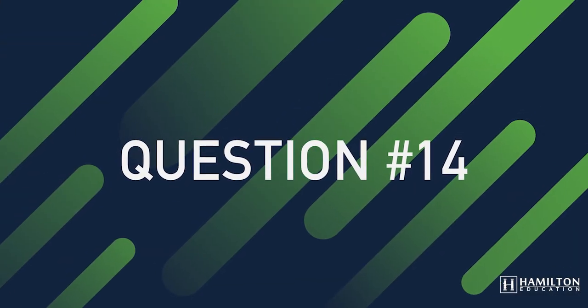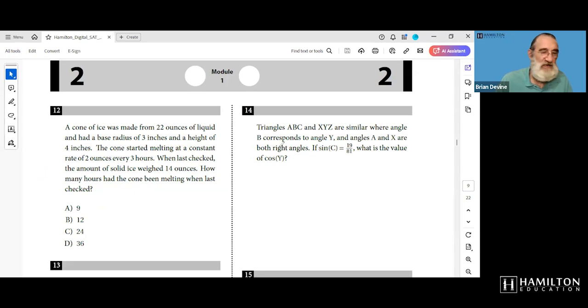Question 14. In question 14, I have triangles ABC and XYZ that are similar. Angle B corresponds to angle Y. Angle A corresponds to angle X, and they're both right angles. So let me label it first.